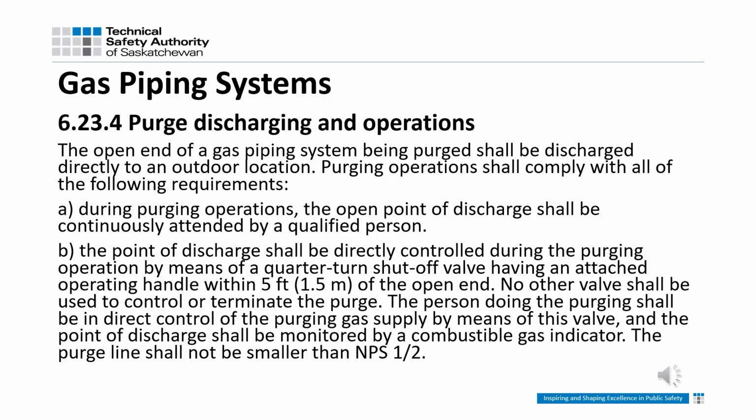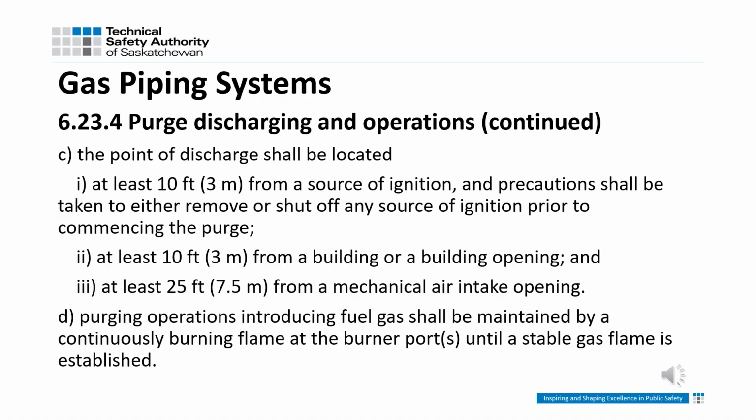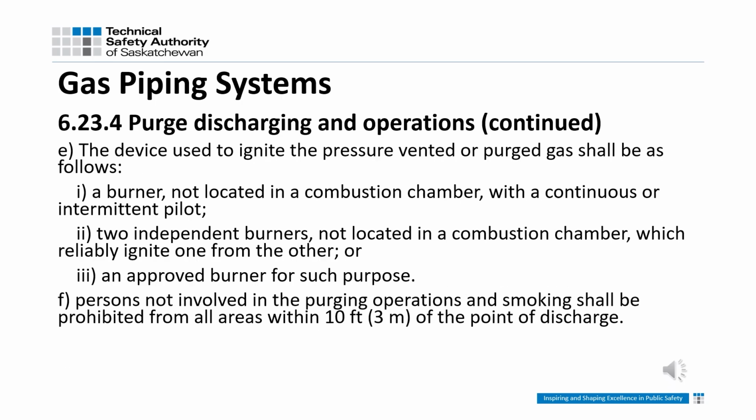C gives the clearance from the end to source of ignition, mechanical air intakes, and building openings. D, the burner type to use while purging until a stable flame is established. E is the requirement to use to ignite the pressure vented or purge gas. And F, any person not involved in the purging or smoking shall be prohibited in all areas within 10 feet of the purge point.